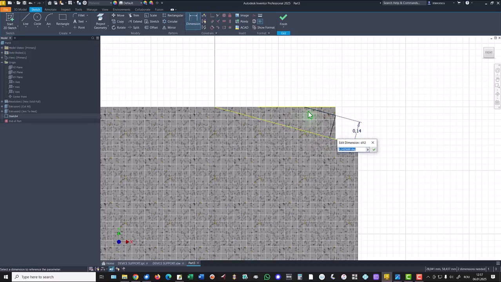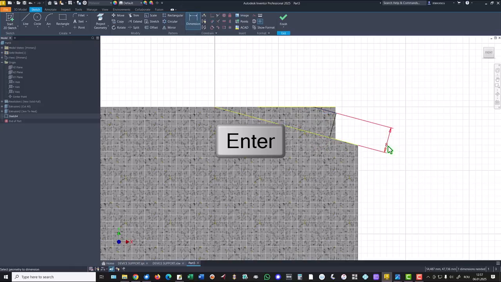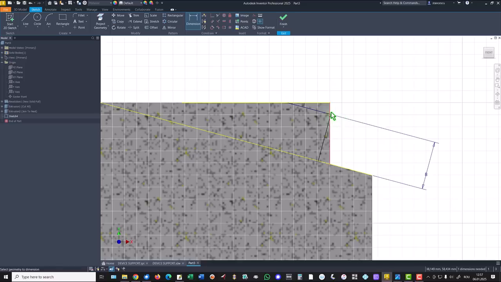This is not parallel with the other. Yes, escape, Control Z, parallel, this line with this line, and now 8. We have to place this on this, coincident, this point with this vertical.